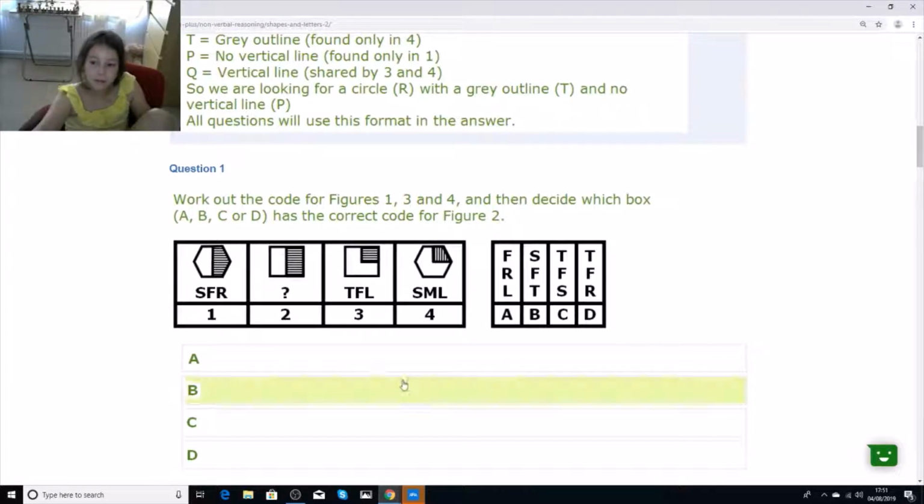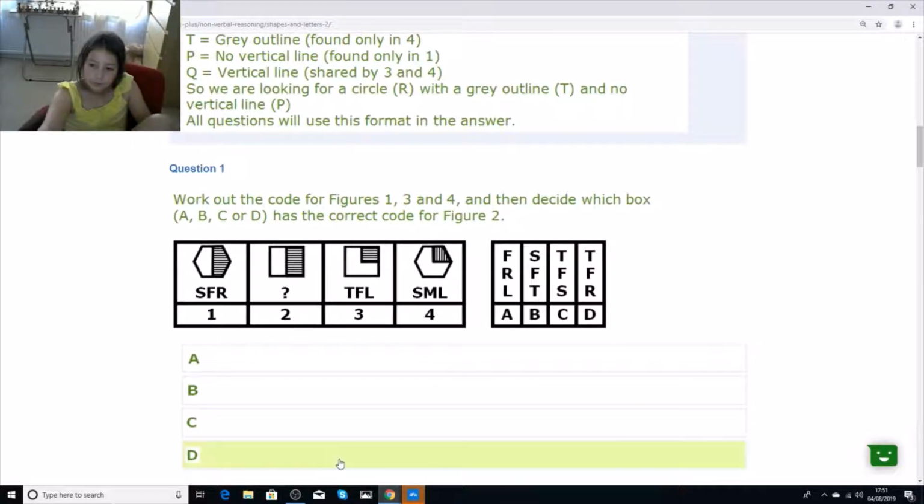So this must be D. T, F, R. Only found in D.